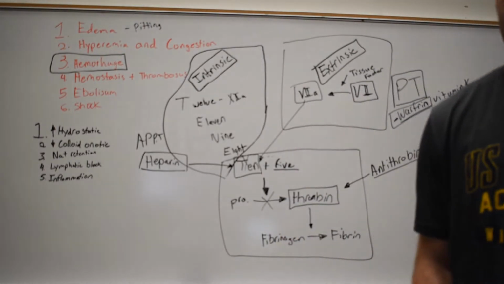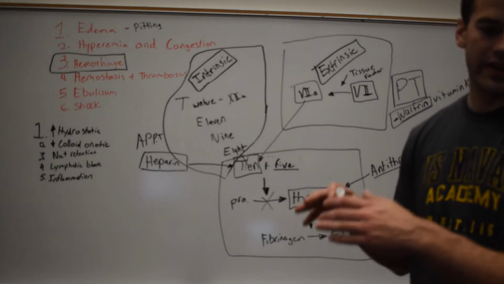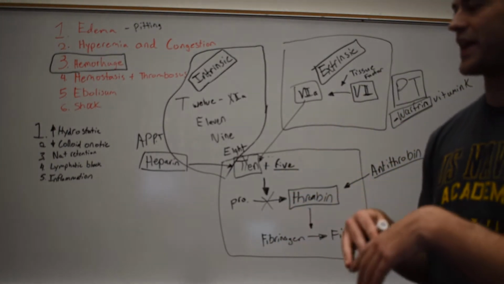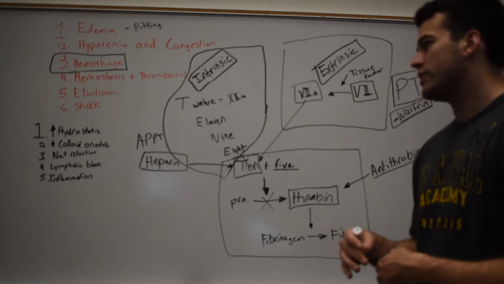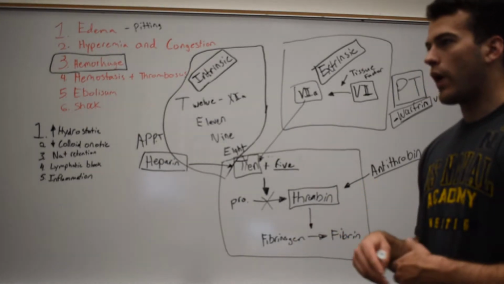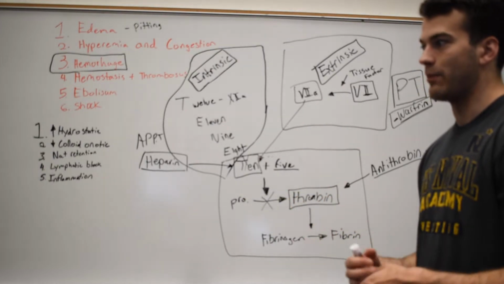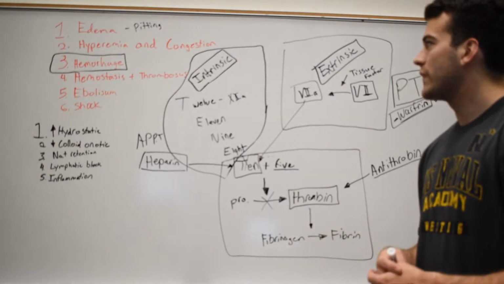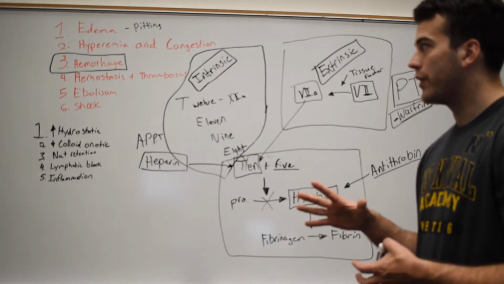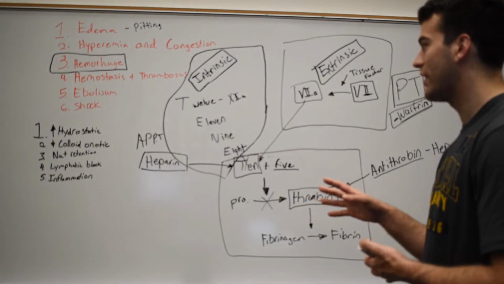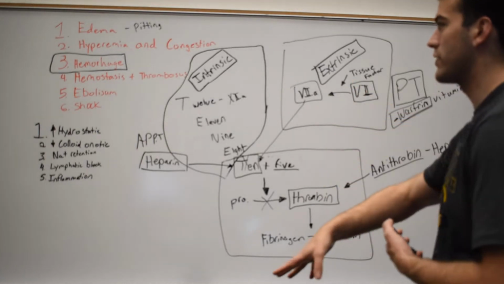But what's going to happen in this pathology is that your body is going to coagulate or make a bunch of small clots, and they're going to plug up a lot of your capillaries. And they're going to use up the amount of available clotting factors you have in your system.